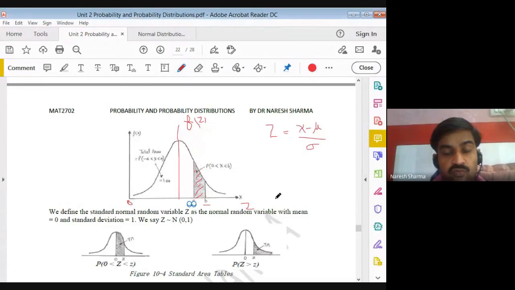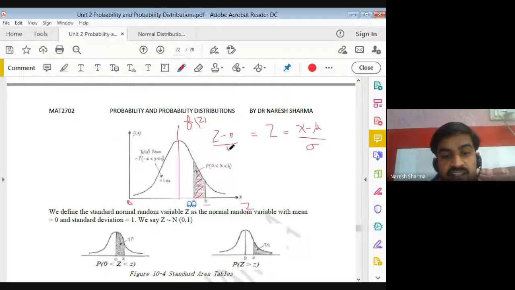If you compare these two, we may say z is written as z minus 0 divided by 1. So there is a relation between the x and z variable: if mu is the mean in x, then in the z variable 0 is the mean, and if sigma is the standard deviation in x, then here 1 is the standard deviation.